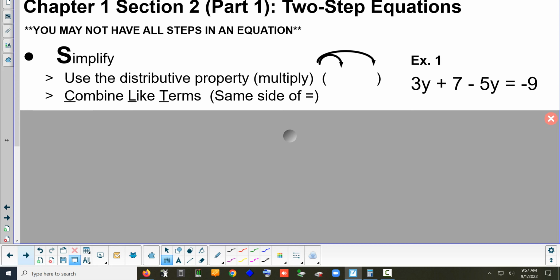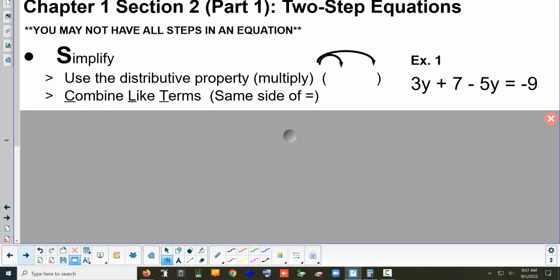Not every problem will have like terms. But if you have like terms on the same side, okay, actually like example 1. You don't have to write example 1 yet. We're going to do it in a little bit. If you look at example 1, it has some simplifying that needs to be done.